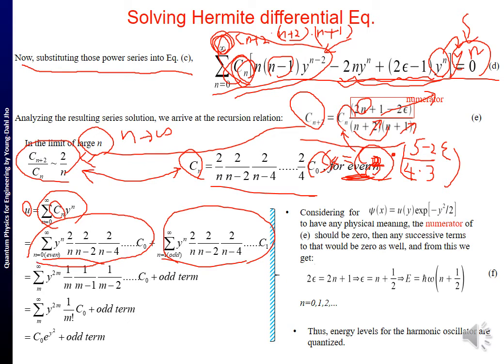So if n is even, let's say n is 2m. Here n was even, so we don't have any restriction about m anymore; m starts from any number, even or odd. We put this in here, then it's simplified this way.